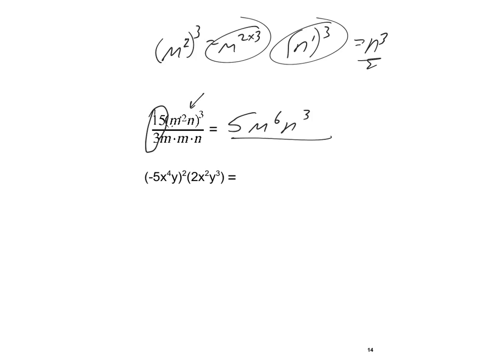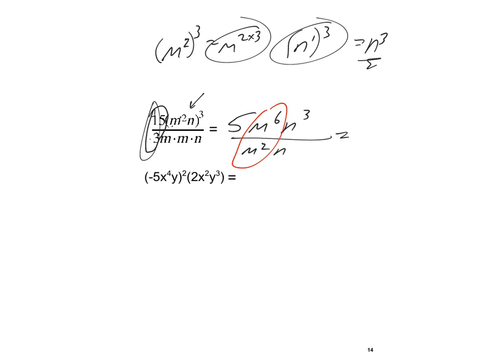Okay. Now, in the denominator, we've got m times m. Well, that's m squared. Again, we already did the 15 divided by 3 is 5, so we don't have that 3 in the denominator anymore. And then we've got an n. Well, now we've got division taking place here with the powers, and so we've got m to the sixth over m squared.